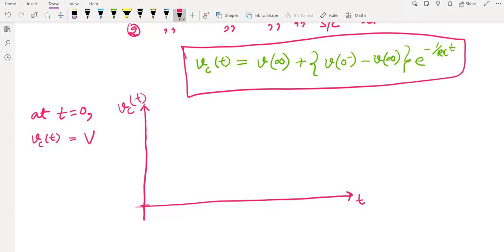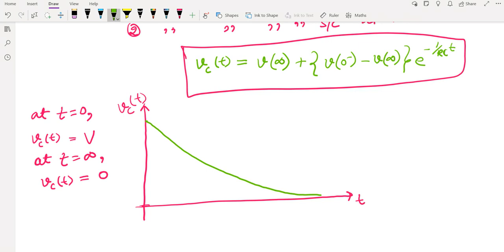And similarly, at t equal to infinity, we will get Vc(t) equal to 0. Okay, so if we plot the voltage of the capacitor with respect to the time, we will get a curve somewhat like this.